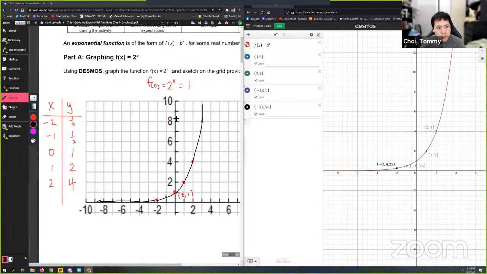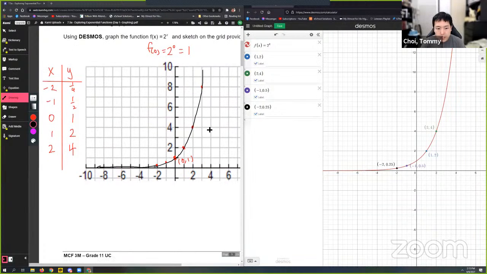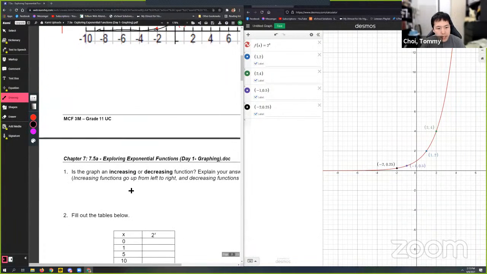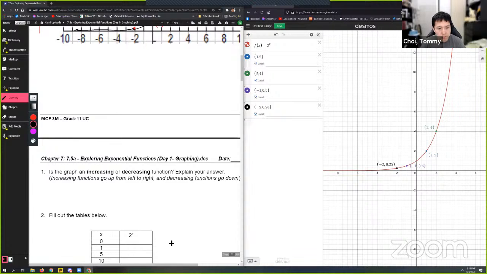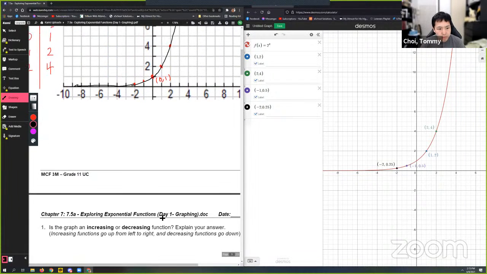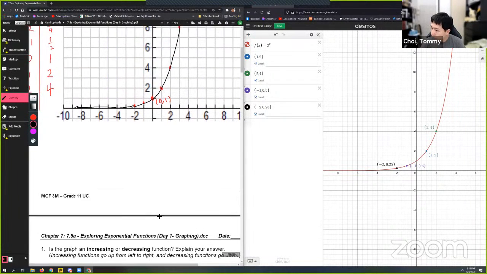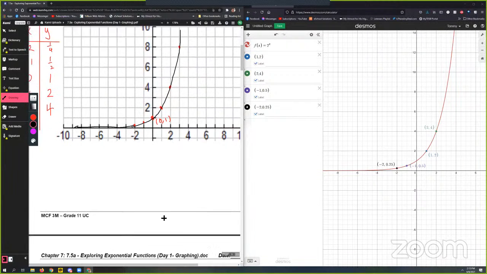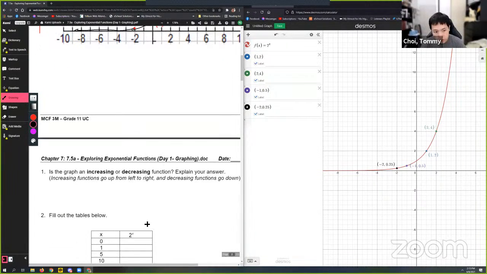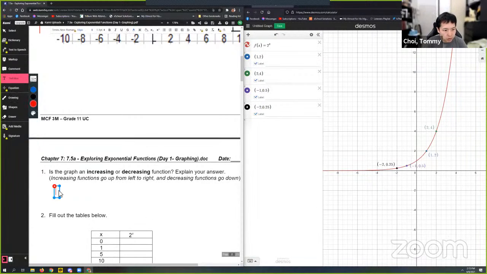So the first one here, 2 to the power of x, we see this kind of graph here. Is this an increasing or decreasing function, looking at it from left to right? Sorry, say that again, Sydney. Increasing? Increasing, absolutely. Yes, this is an increasing function.